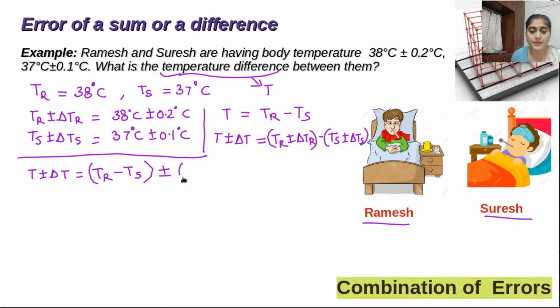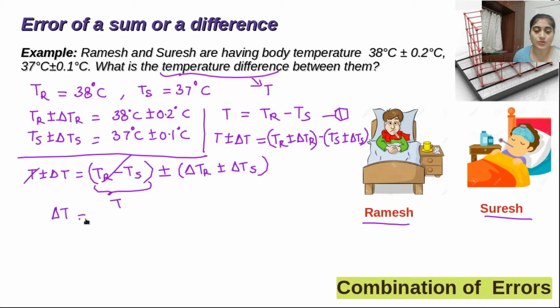So it will be delta TR plus minus delta TS. The TR minus TS part is nothing but T from equation 1, so we can cancel it out on both sides. So delta T equals delta TR plus minus delta TS.